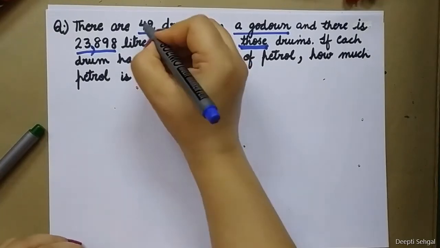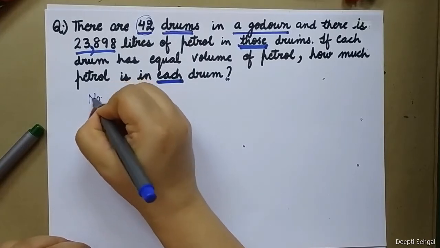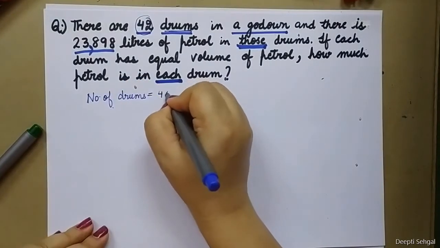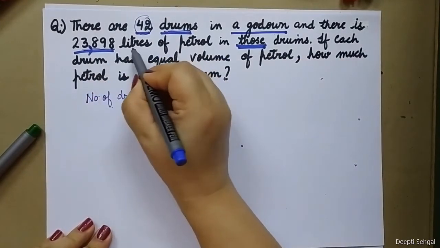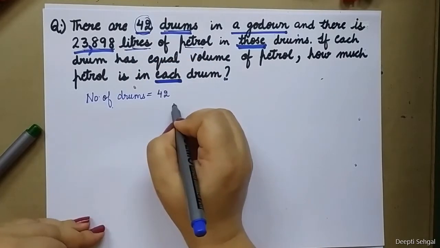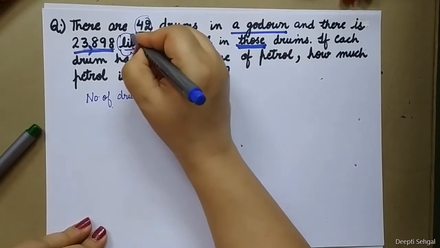First statement is number of drums. So we will write the first statement, number of drums. Only 42 drums, fine. Then there is this much petrol, so liters of petrol. I will not write number of petrol here, because the petrol is not given in number. The petrol is given in liters.